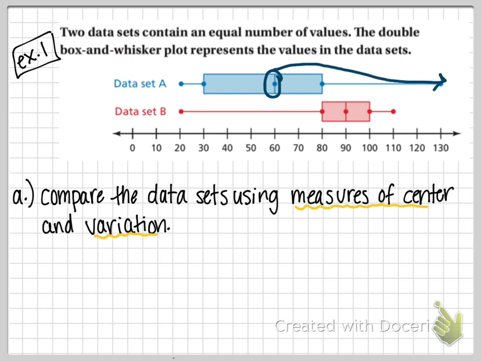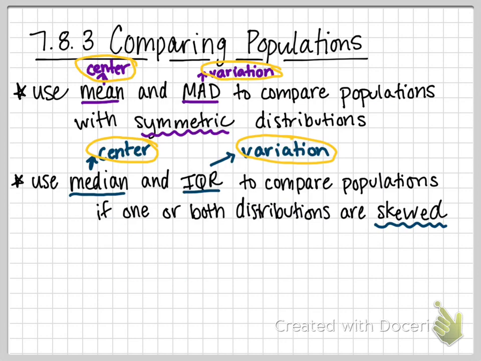So we would say that this data set is skewed right. Data set B, here's our median, and then we have our tail going to the left. So this one is skewed left. These are both skewed. And remember, when we have skewed data, we want to use median and interquartile range. So we'll use median as our measure of center and IQR as our measure of variation.